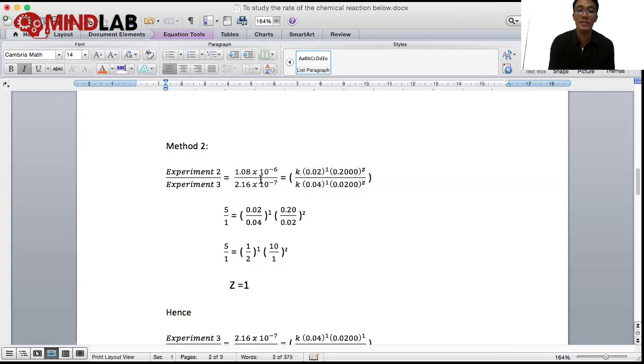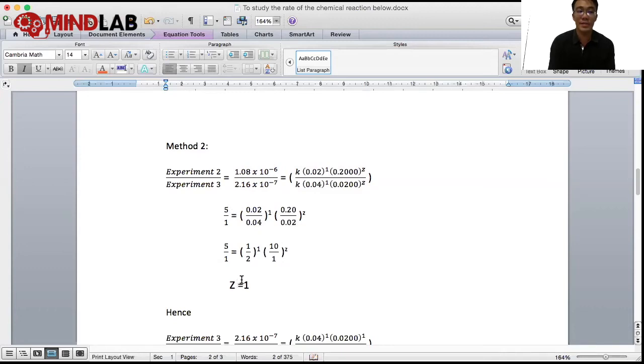On the left, you have 5 over 1, and you have 0.02 over 0.04, which simplifies to a half, and the same for 0.2 over 0.02, that would be 10 over 1. So by comparing the coefficients of the power, you still get z equals 1.